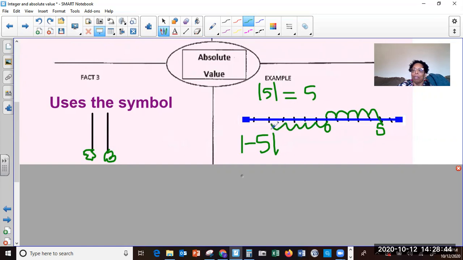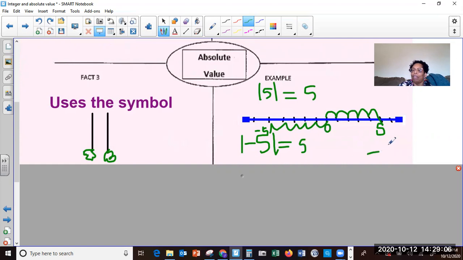So this is where negative 5 is. So the absolute value of negative 5 is also 5. So the distance from negative 5 to 0 is 5 places.